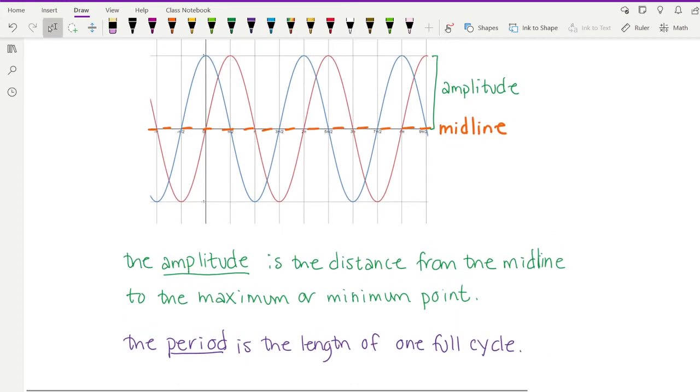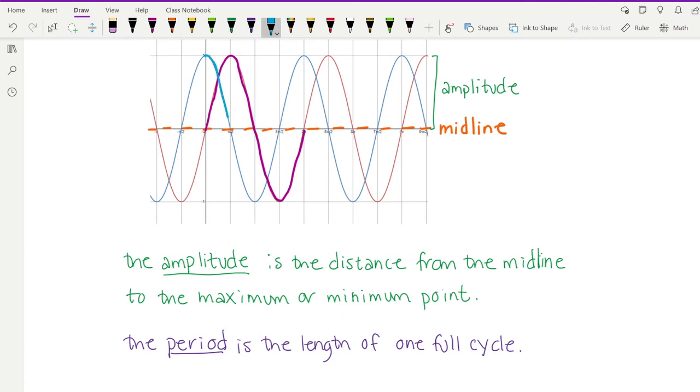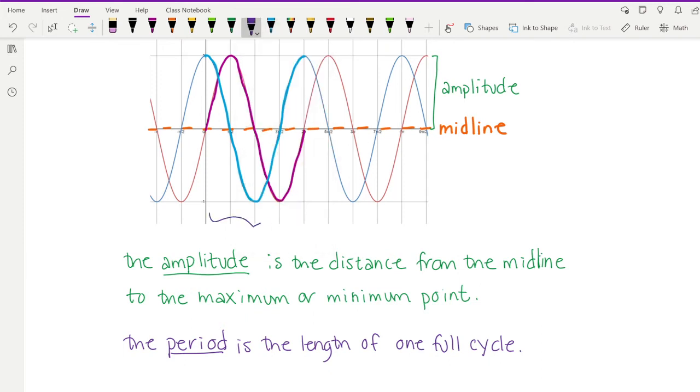So in this case, these graphs are showing a lot going on, but if you were to focus on just one cycle of the graphs of sine and cosine, we've seen that that one cycle happens between 0 and 2 pi. So for 1 cycle, the period is 2 pi. So this is the period.